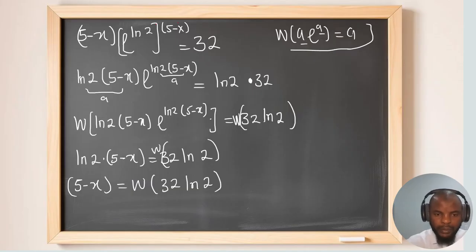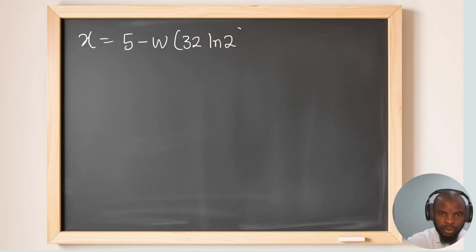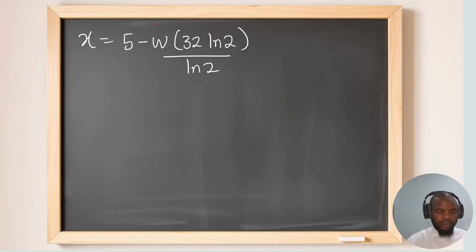So dividing this by this coefficient, natural log of 2, rewriting this here, we can have our x to be equal to 5 minus the Lambert function of 32 times the natural log of 2, divided by natural log of 2. So this is what we have.